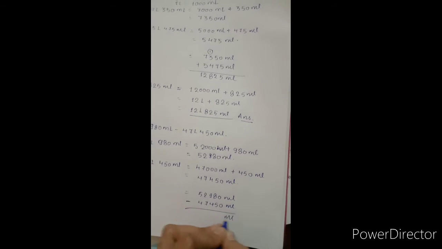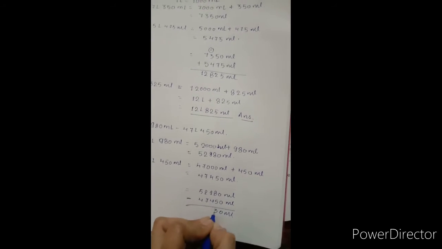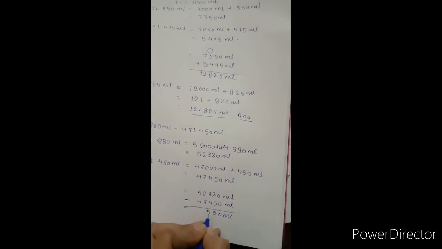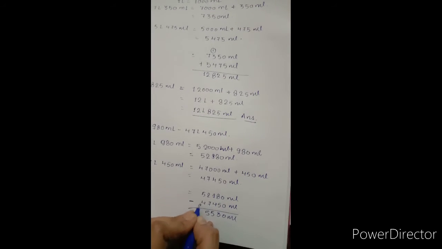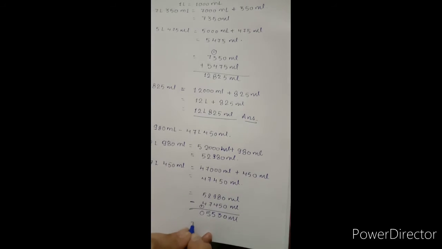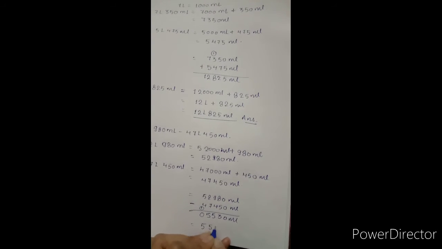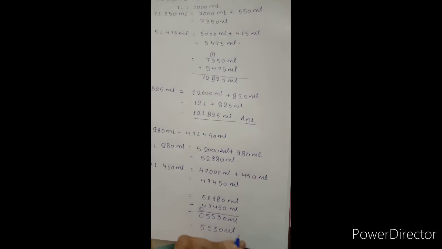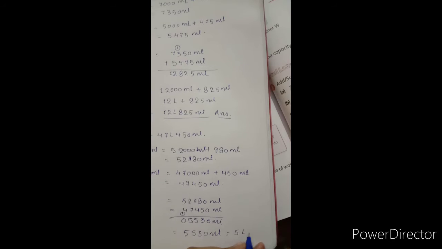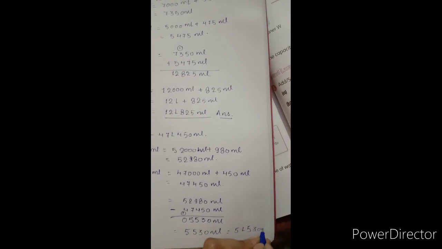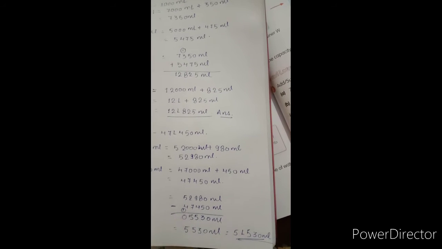We got 0, 8 minus 5, 3, 9 minus 4, 5, 12 minus 7, 5. This is carry 1 and it is 0. So we got 5,530 milliliter. 5,530 milliliters we can write as 5 liter 530 milliliter, and that's our answer.